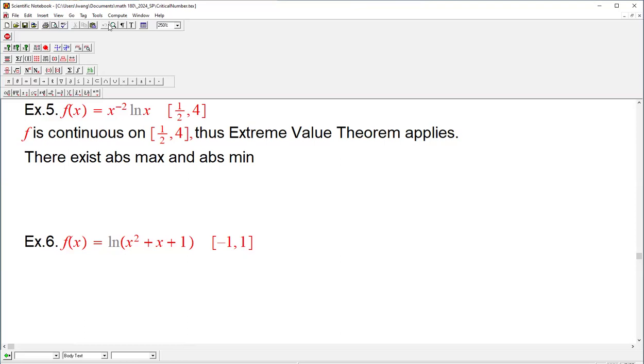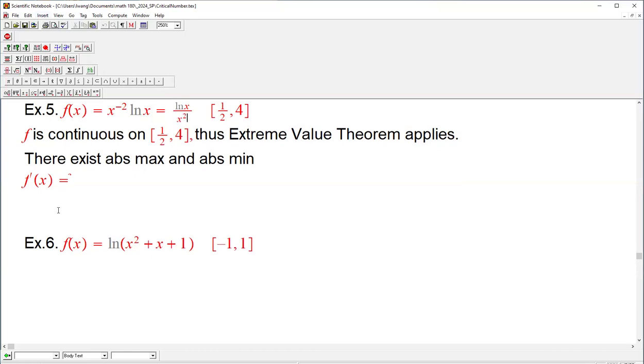And then derivative. Okay, you can view this as ln x over x squared, really. So that you do quotient rule. You can do product rule if you want, but I'm going to do quotient rule. So this is going to be x squared, squared.